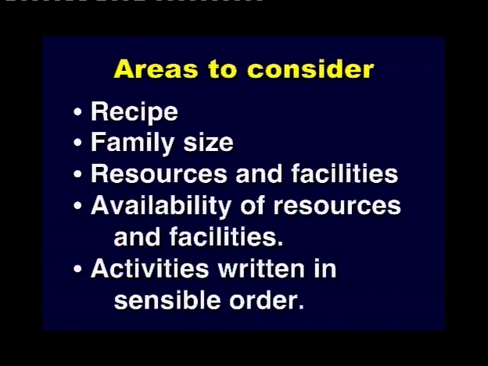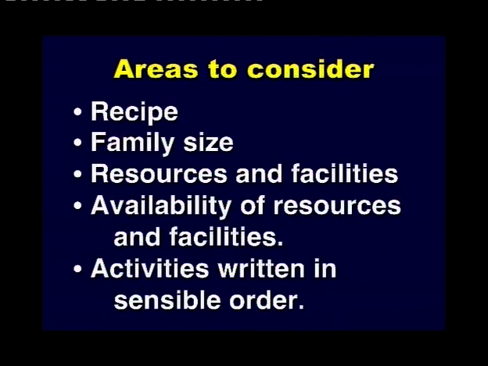Okay? Now, when you come to resources and facilities, you just list down the resources and the facilities that you need for whatever food dish you are preparing. Okay? Now, when it comes to availability of resources, if you have everything that you need there, just write, probably we got everything available.